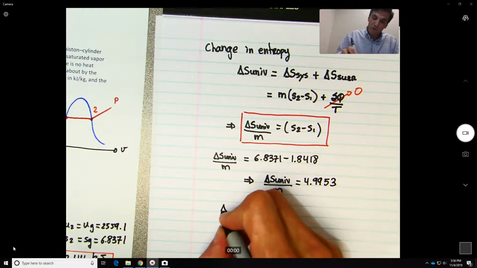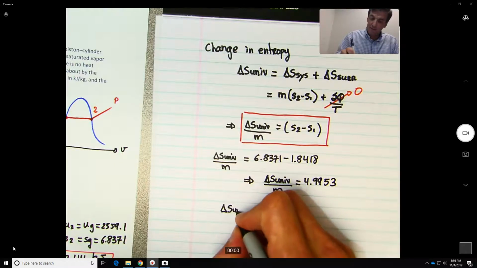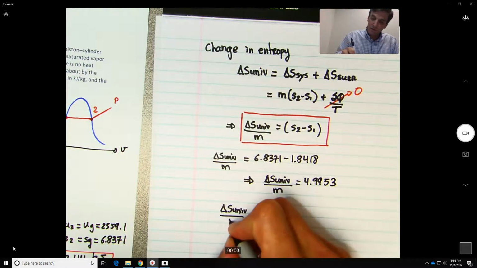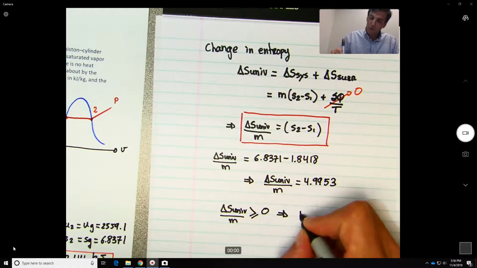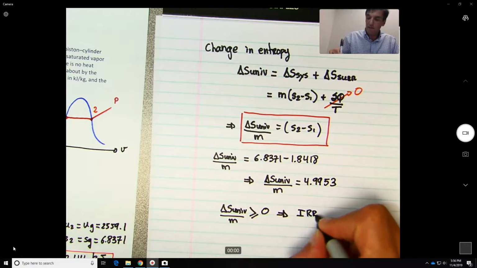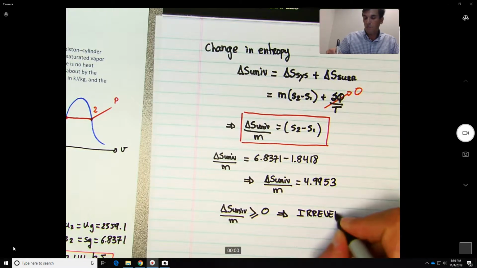So what's important over here is to realize that this is higher than or equal to 0, which means that this is irreversible.